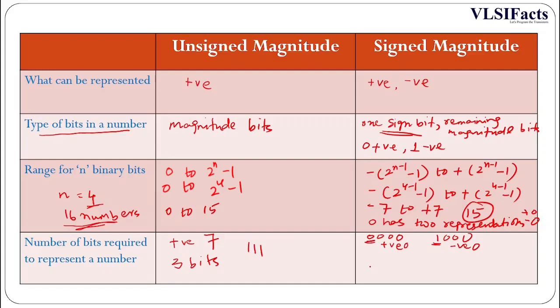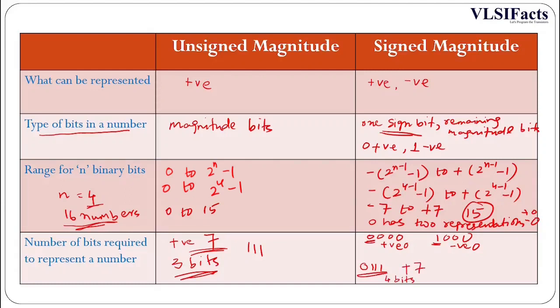I would require 4 binary bits to represent plus 7. So the representation of plus 7 in signed magnitude form will be 0 1 1 1. So in unsigned magnitude form, you require 3 bits to represent plus 7, whereas in signed magnitude form, you require 4 bits to represent plus 7.